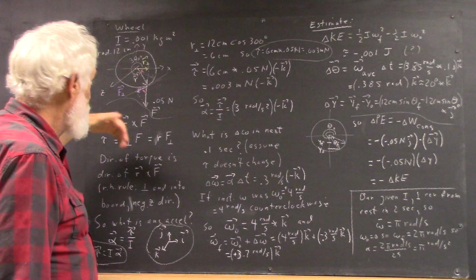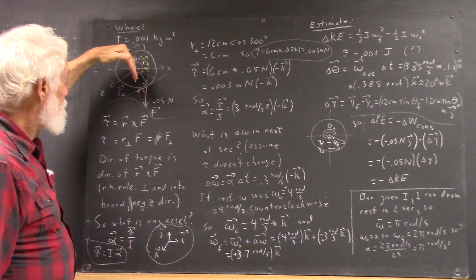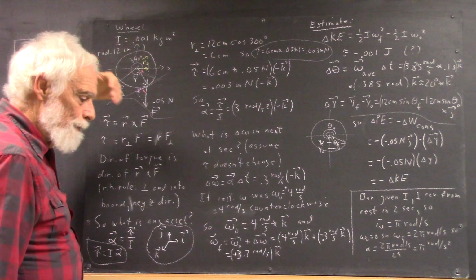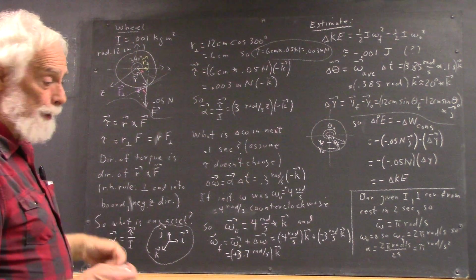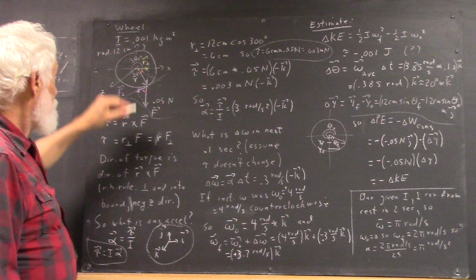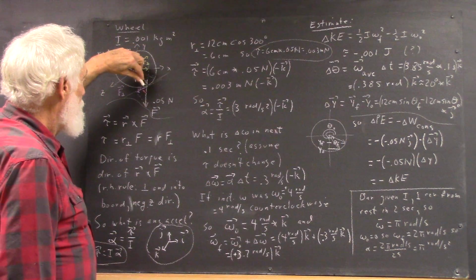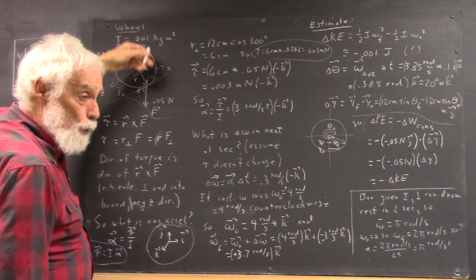And also because, well, most directly, I was going to say this thing is slowing down, but the most direct way you can see this is that this force is being exerted against the tendency of the wheel to rise.